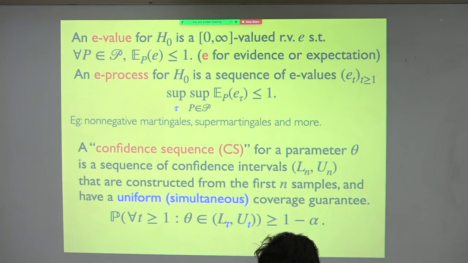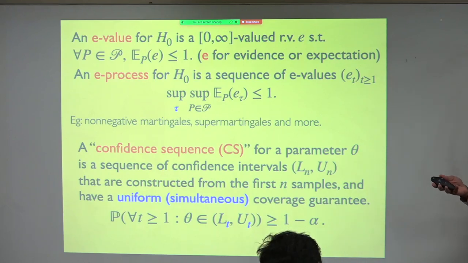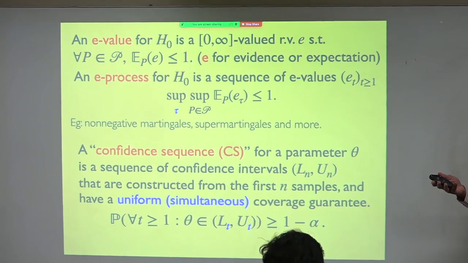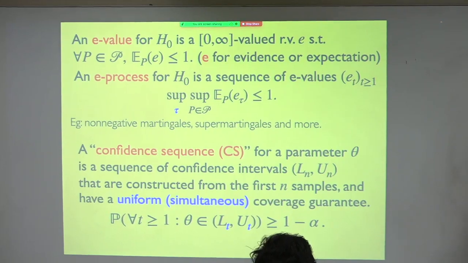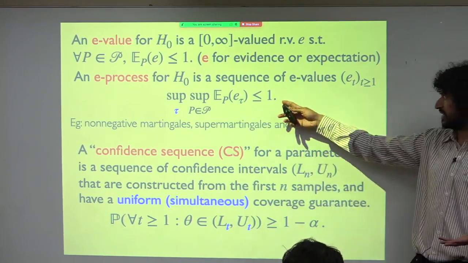The simplest example we saw is that if the null is simple, then all E processes are basically likelihood ratios, and we know that likelihood ratios are non-negative martingales, and by the optional stopping theorem, the expected value of a non-negative martingale at any stopping time is less than or equal to 1.